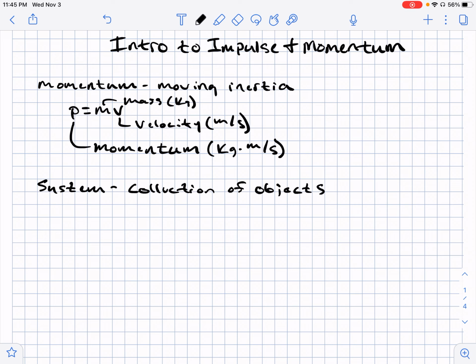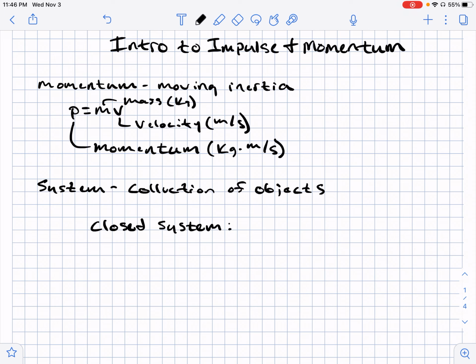Now we're going to go a little bit further with that, and we have what's called a closed system. And a closed system is a physical system that doesn't exchange matter with its surroundings. It's not influenced by any outside forces.